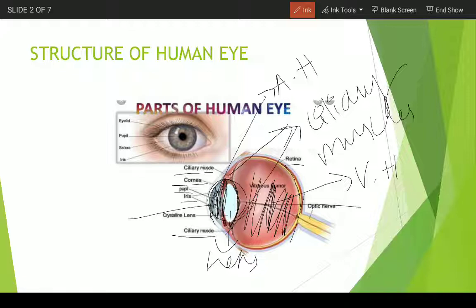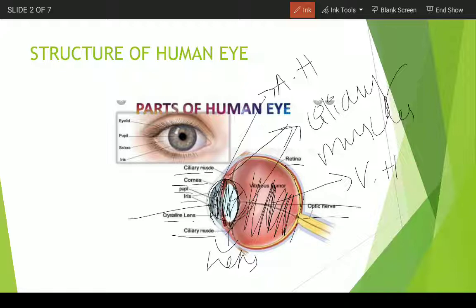Ciliary muscles hold the lens in position. Crystalline lens means nothing but the lens. It means the type of lens relating to its shape. And next, optic nerve.